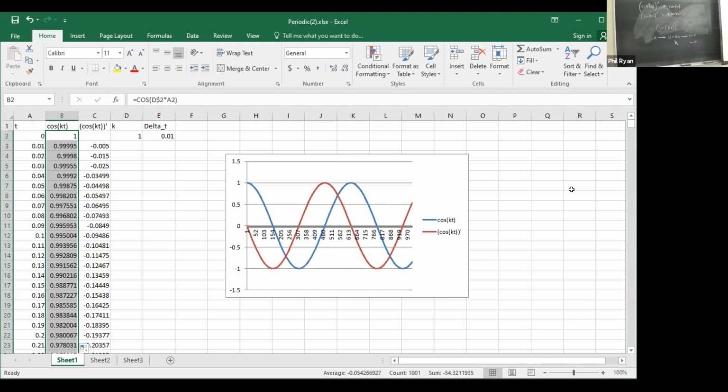Because sine would go like that. It's the negative of sine. Yeah. So the derivative of cosine of x is negative sine x.